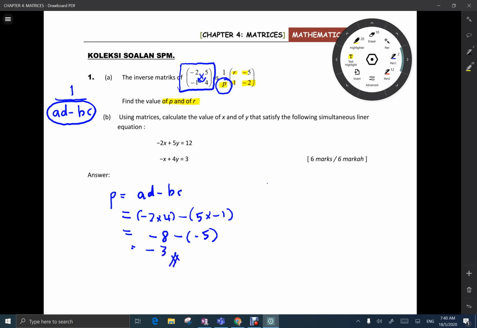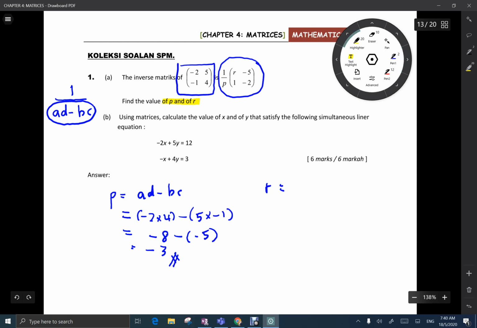Okay, so how to find R? R pula hanyalah compare je. Okay, you just compare. Since ini adalah the inverse matrixnya, so this is the inverse matrix, right? Inverse matrix for this matrix. Jadi, you just compare je lah the R. Okay, sebelah sini.